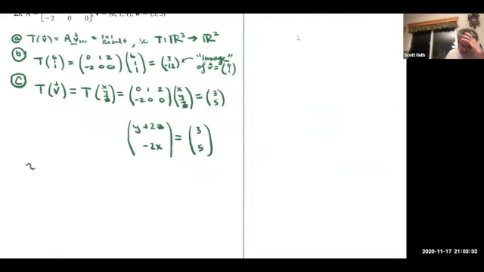So x is going to be negative 5 over 2. And then we have y plus 2z is 3. So maybe you could say that y is 3 minus 2z. But z can just be t. So y would be 3 minus 2t.